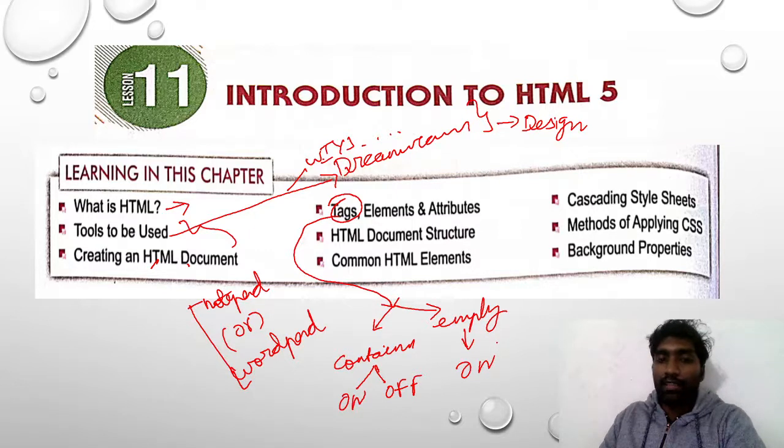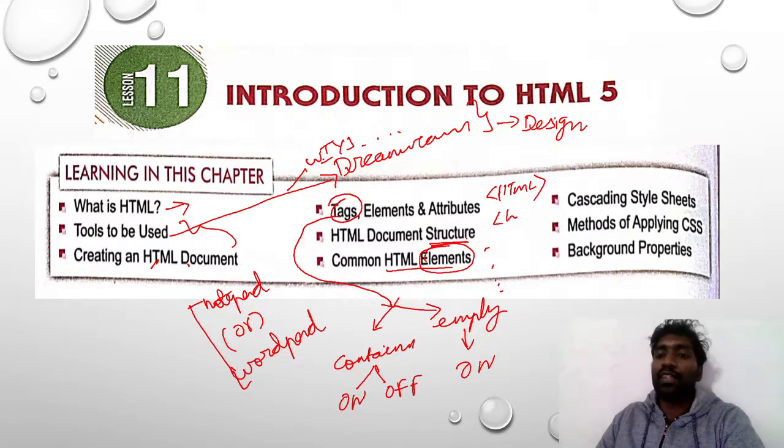These are the things we learned, and the structure: first start with HTML, then head, title, body. We saw how to write the HTML file and common HTML elements. What are elements in an HTML document? What tags we are using, that is HTML. Now today in this class we are going to see only these three.